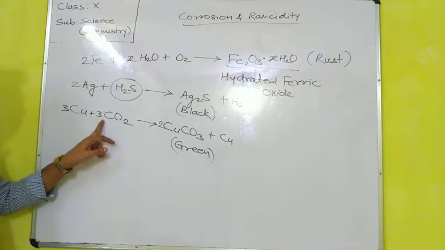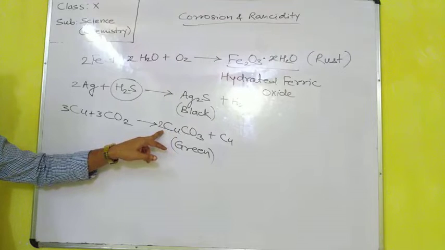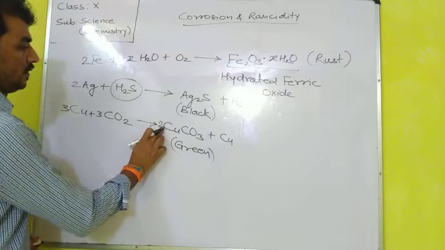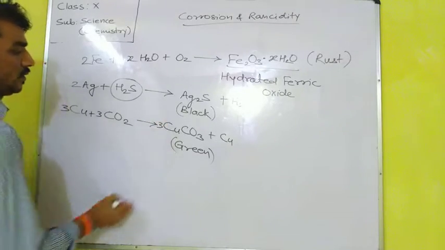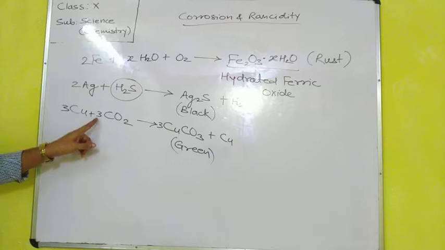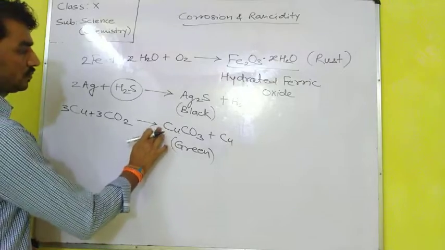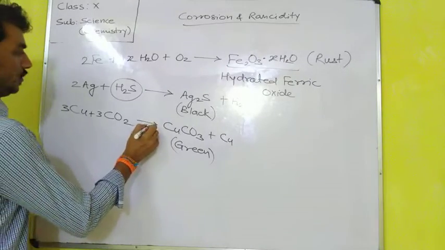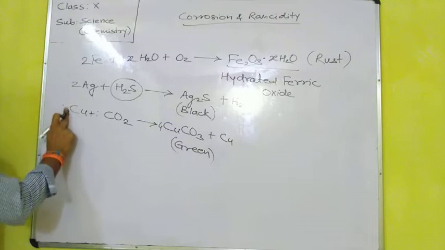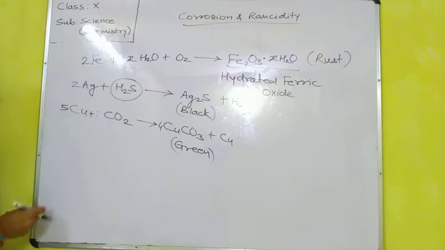Then 3CO2, 3 atoms of carbon, so we have to write 3 atoms of carbon, and 3 oxygen to 6, to 9.